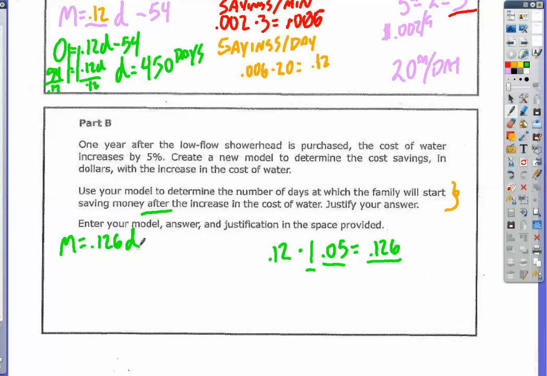From my original equation up here, how long did this original equation work? 1 year. How many days are there in 1 year? 365.